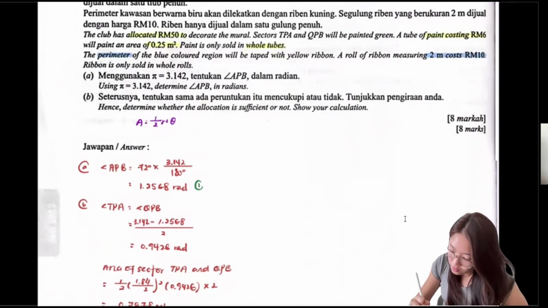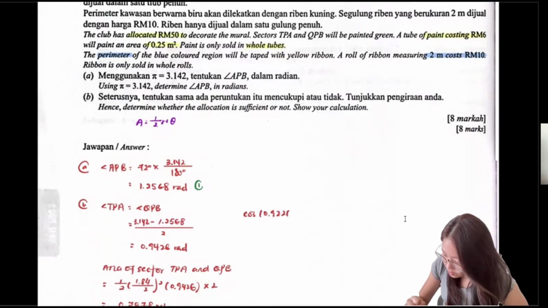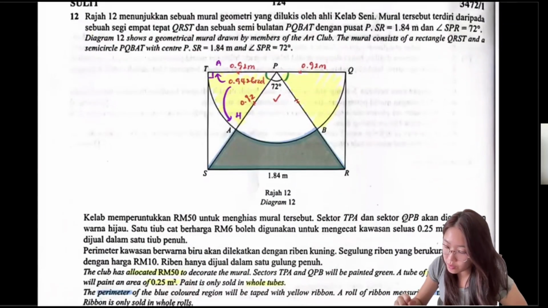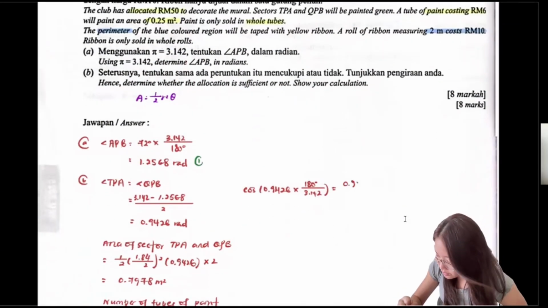So here cos 0.9426, this one we have to change back to degree because behind sine cos tangent is always in degree. Equals to 0.92 over PS.